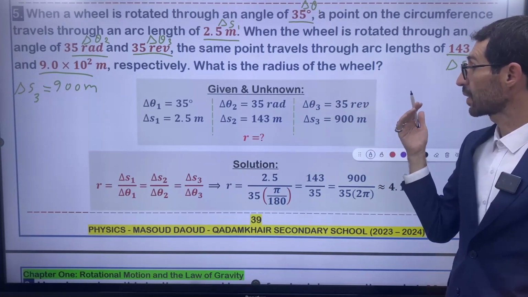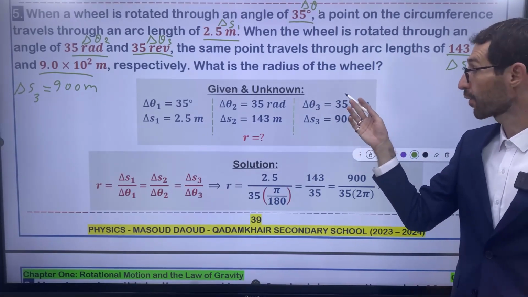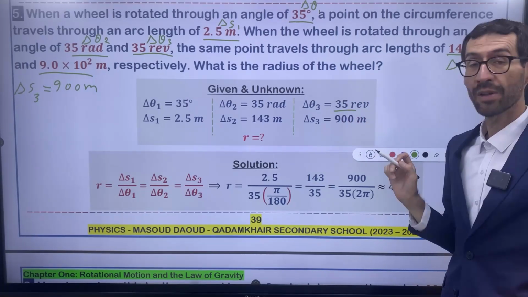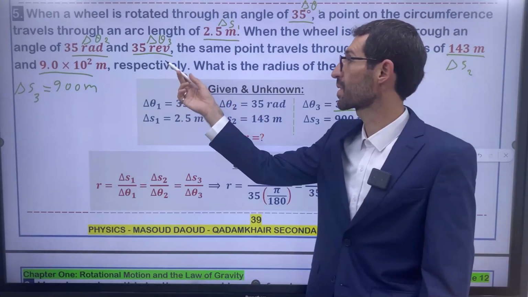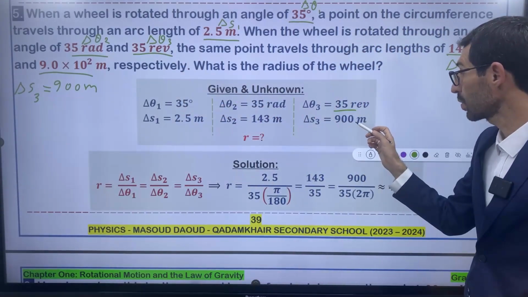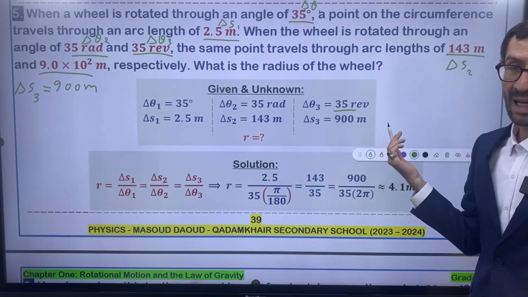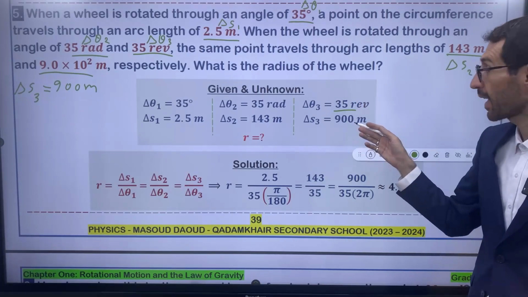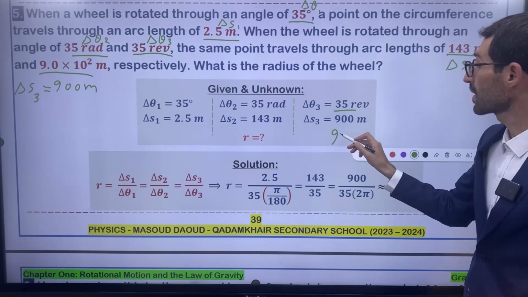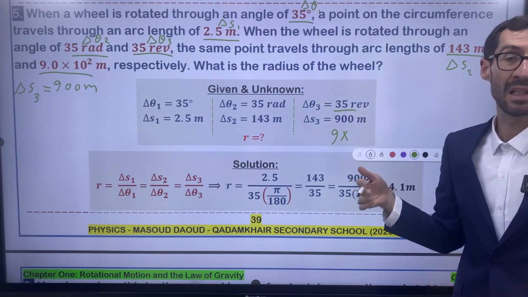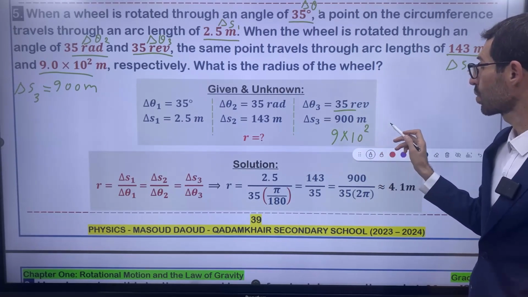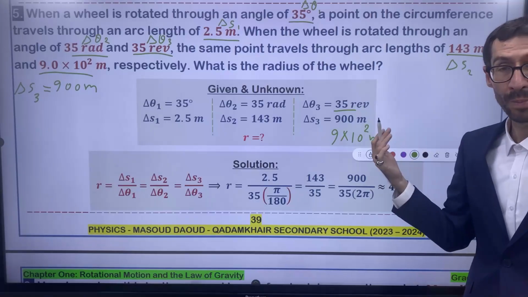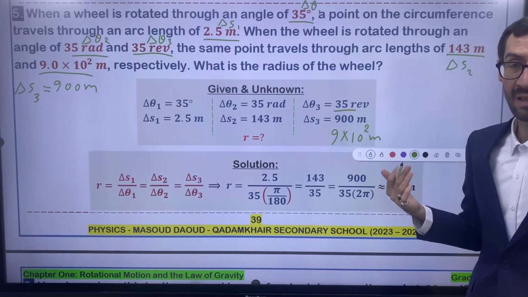What's its corresponding arc length? 900 meters. I converted 9 times 10 to the power 2 to 900. If you are not satisfied with this number, you can use scientific notation, no problem, as you like. 9 times 10 to the 2 meters or 900 meters. They are the same.